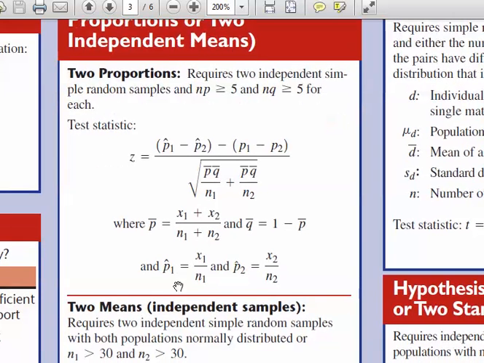So you remember that p in general is x over n. Well, if we have sample data, then it's p hat, which is going to be x over n, and x and n are from sample data.